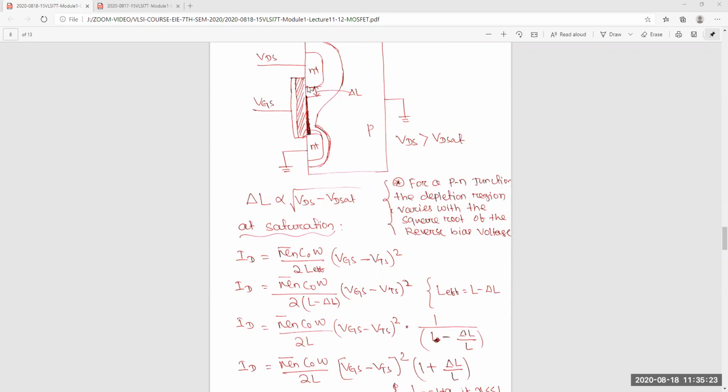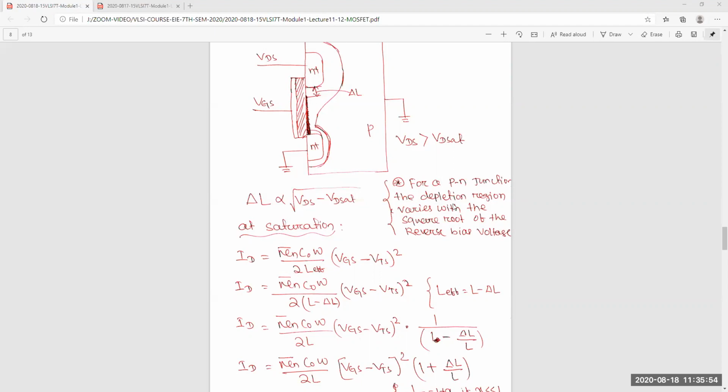This is VD sat and this is VDS. You can go through that reverse bias PN junction, so you will definitely get how L is changing. It depends upon the square root of the reverse voltage, so we can put that here.